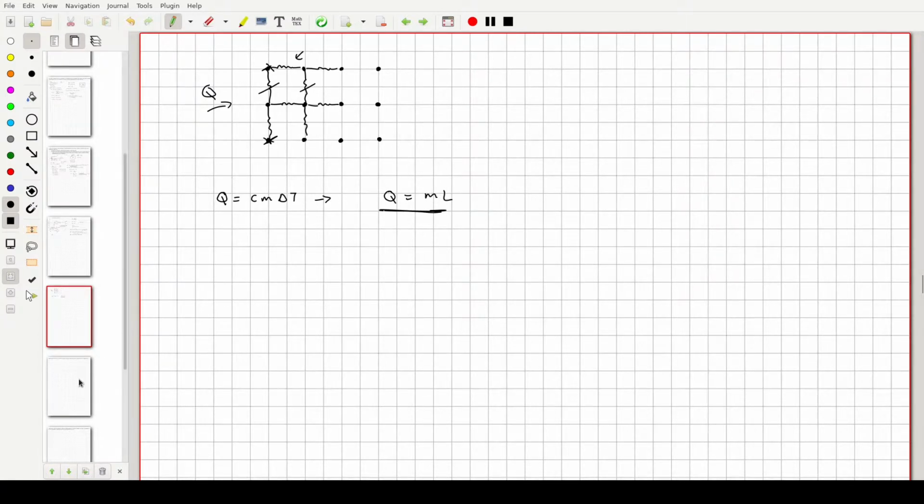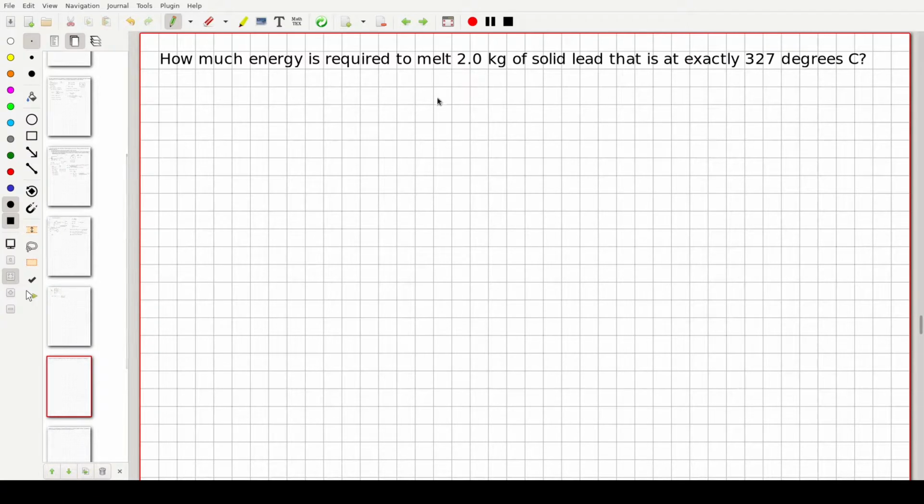Okay? So, just as an example or two here, how much energy is required to melt 2.0 kilograms of solid lead that is at exactly 327 degrees Celsius? Why 327 degrees Celsius? Well, that's the melting point of lead. Now, the act of melting, or the act of freezing, means that you are dealing with fusion.